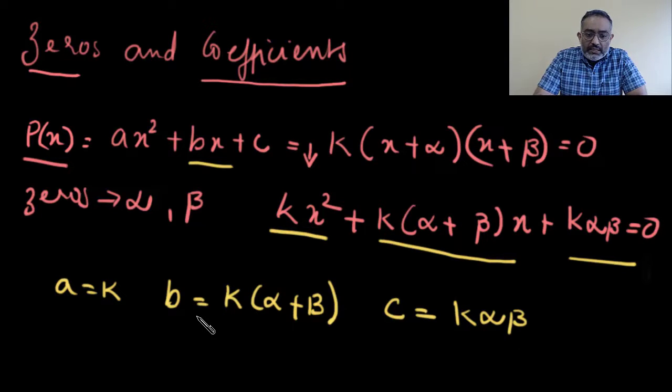Now, what this clearly demonstrates is that there is a relationship between the coefficients a, b, and c and alpha, beta, which are the zeros of this equation. All right, now we're going to study this further using a specific example.